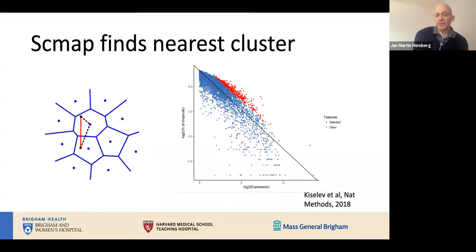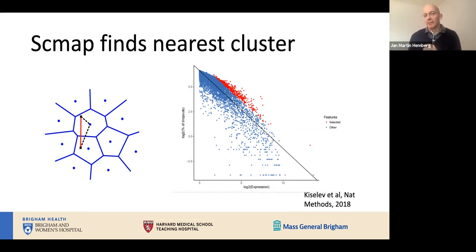The first method to do this is called Scmap, and it takes a very simplistic approach. It thinks of each of the existing clusters that you had in your atlas or in your reference as a centroid, and then for each of your new cells from your query data set, it tries to just match it to the nearest centroid.